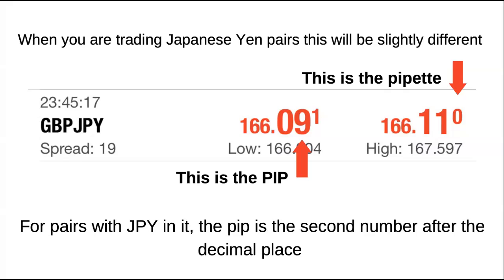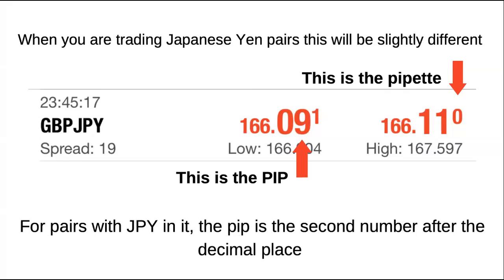And you have 166.11, and then the 0 in that case is the pipette. So for the pairs that have JPY in it, the pip is the second number after the decimal place.